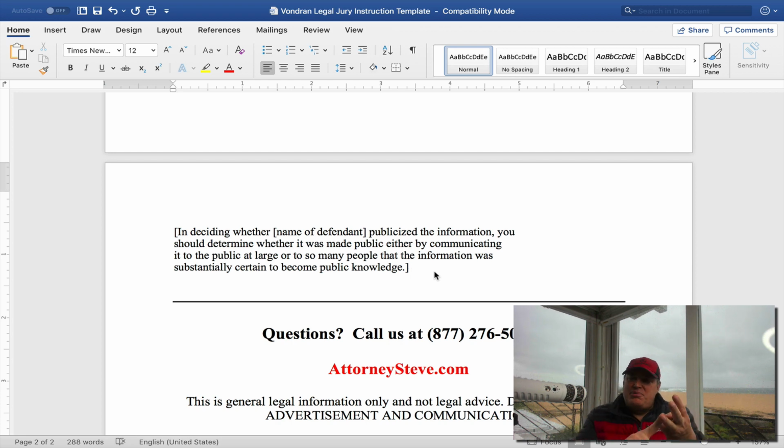We hit publication of private facts. These are non-news facts, just private things. And again, these things are objectionable to a reasonable person. The First Amendment is normally going to play some kind of role in these kinds of torts. And the final one is the misappropriation of the use of another person's name, image, or likeness.